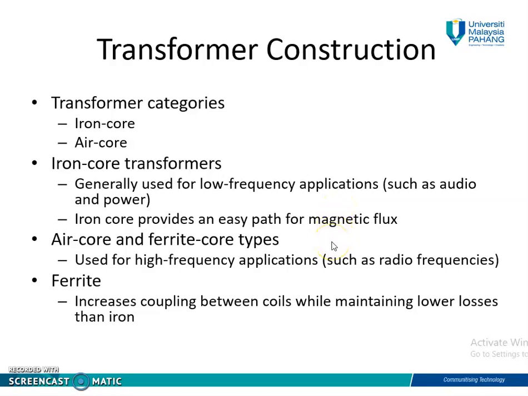The second type is the air core and ferrite core types. The air core is used for high frequency applications such as radio frequencies, and the ferrite increases coupling between cores while maintaining lower losses than iron.